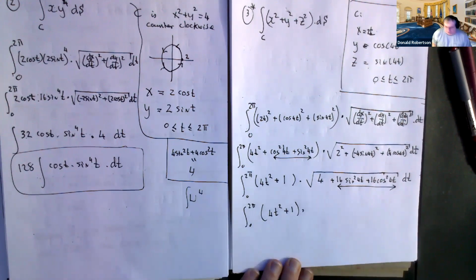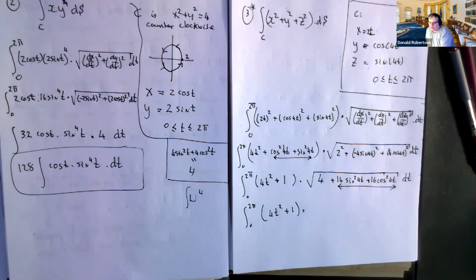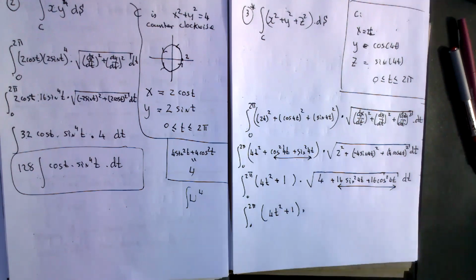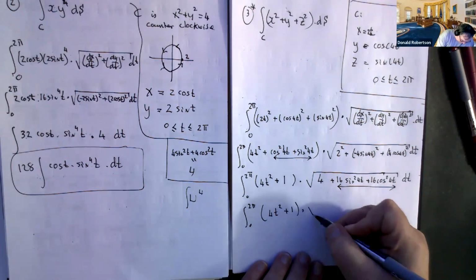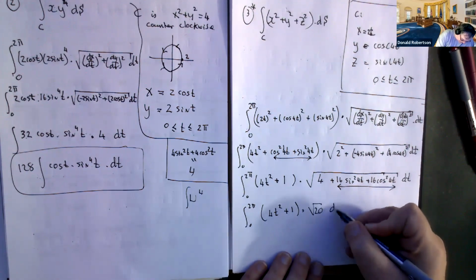Bit of a silly question, but I'll ask it anyway. What do these two guys get you when you combine them? 16. So that basically is what, the square root of 20?